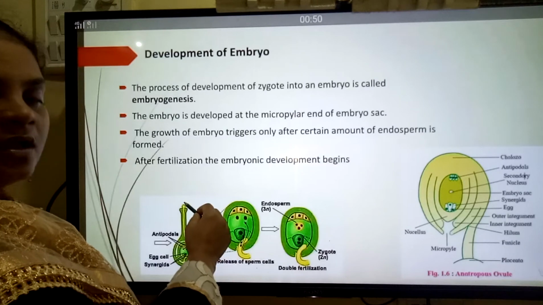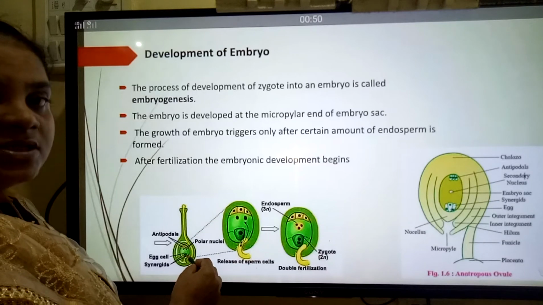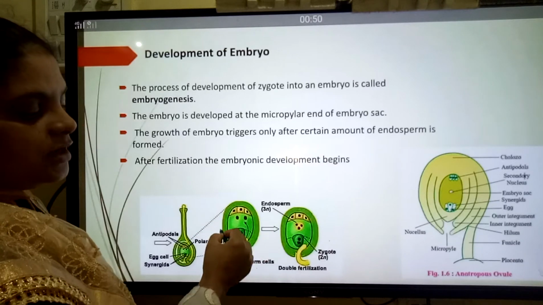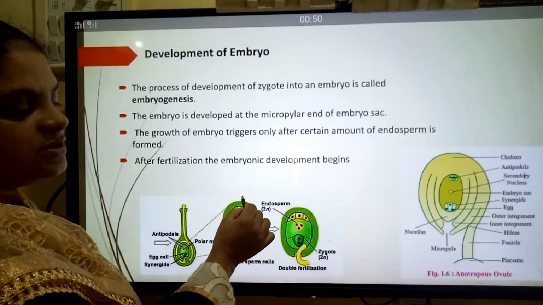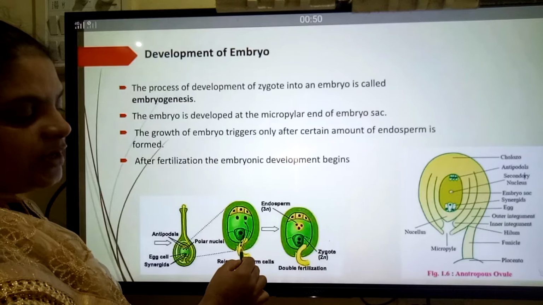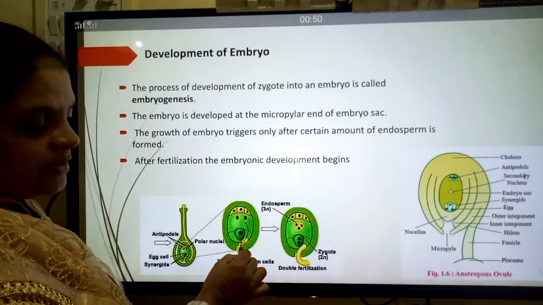This is again the gynoecium, structure of gynoecium. The swollen part is the ovule. This embryo sac possesses the 3 antipodal cells at the chalazal end. The micropylar end shows the pollen tube which consists of 2 male gametes.